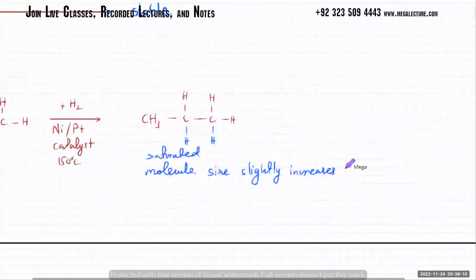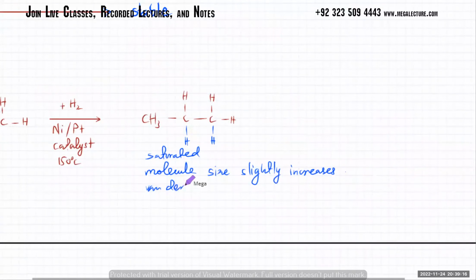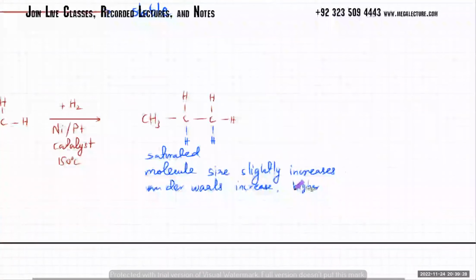What happens then? Van der Waals forces increase slightly. You have more intermolecular forces. And you have higher melting and boiling points. तो बताओ क्या इंडस्ट्रियल एप्लीकेशन थी इसकी?